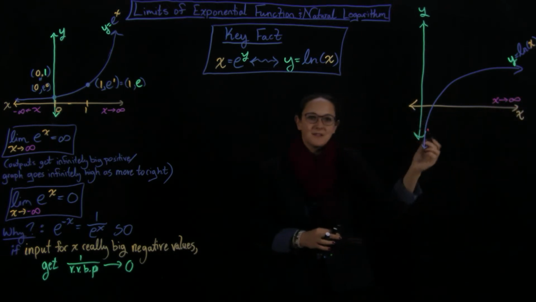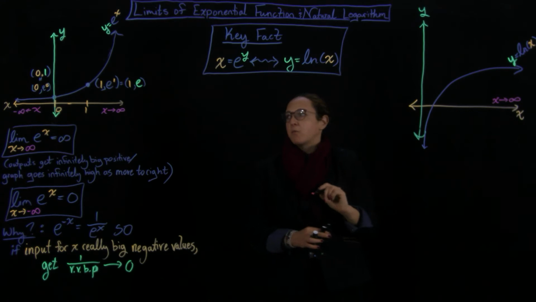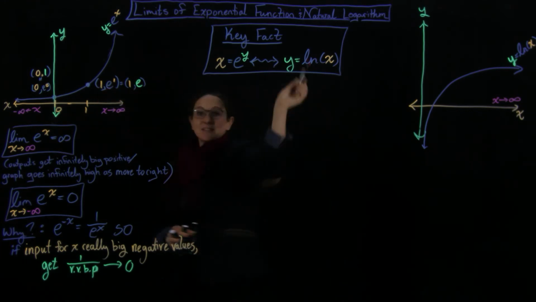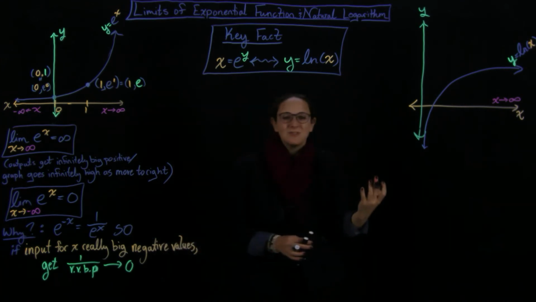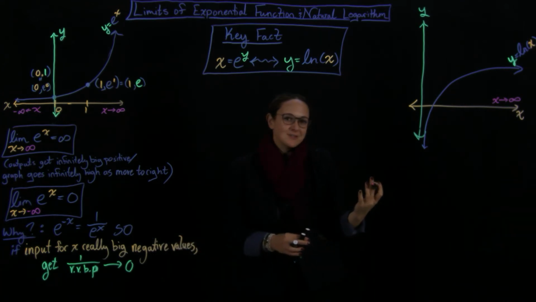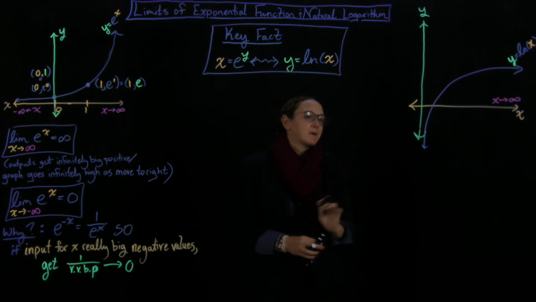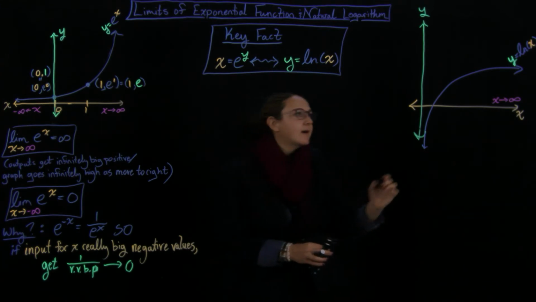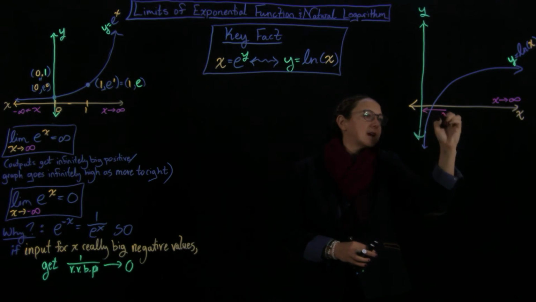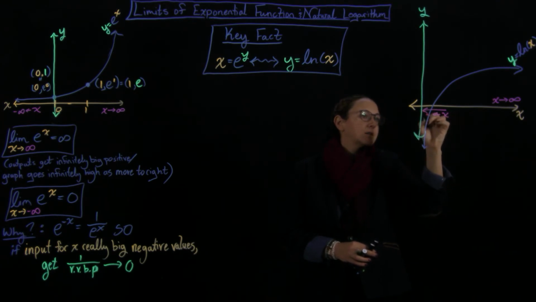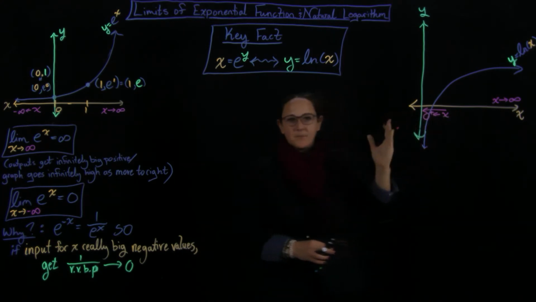This graph is never actually going to go negative in y, precisely using the fact that the exponential graph never goes negative, because when you take an exponent of a positive number, you're never going to get out a negative number. Okay, so that's what's going on there. And this is x goes to 0 from the positive, the right-hand limit.